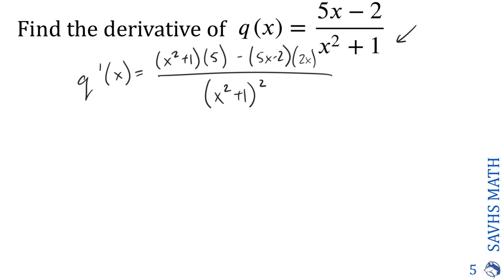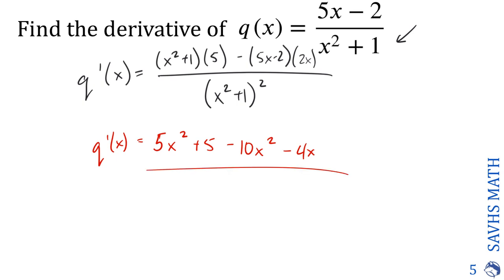I'm going to do a little simplifying here just because I want to explore where that might take us. It's not necessarily going to make it any simpler. It's just worth trying. It's good for our algebra skills. So q prime can be rewritten as 5x squared plus 5 minus 10x squared minus 4x, all over x to the 4th plus 2x squared plus 1.